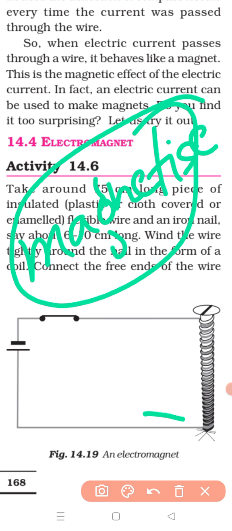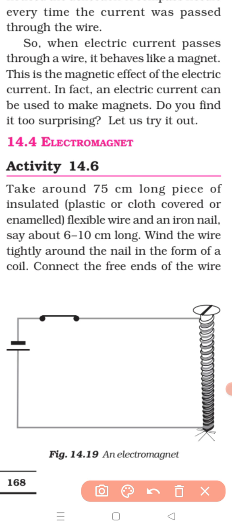The current flowing through this wire will magnetize the iron rod, so the iron rod becomes an electromagnet.